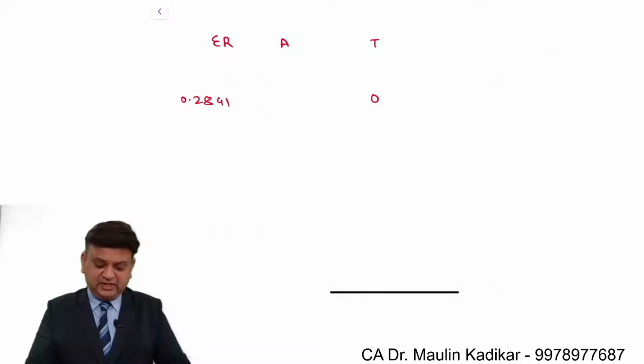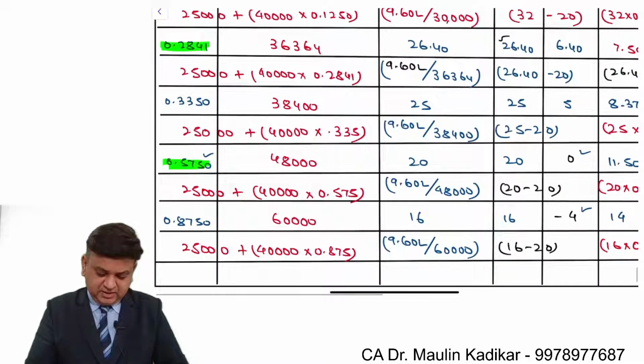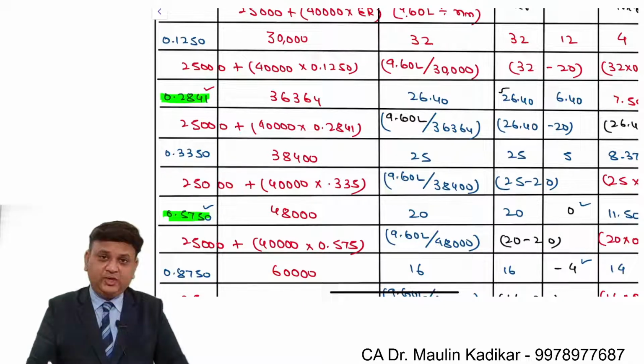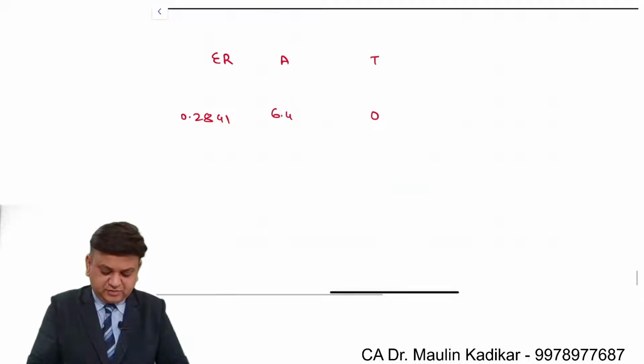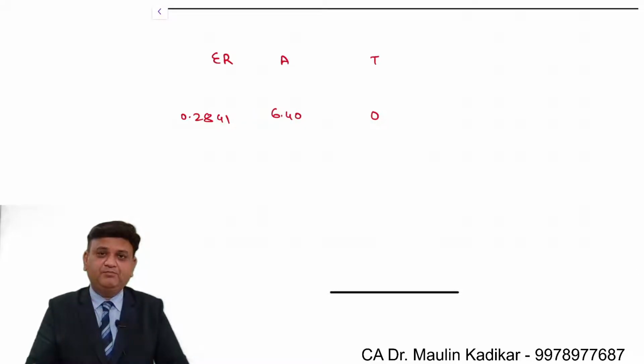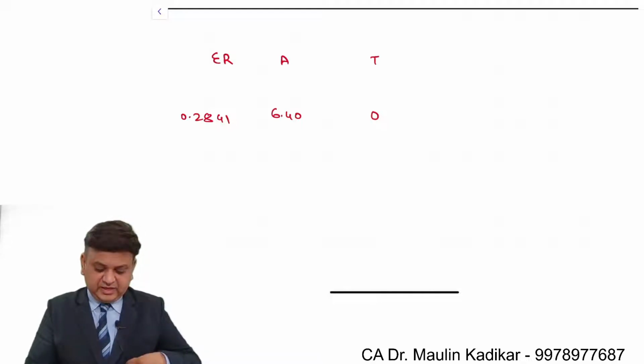We understand further like this. Listen to me carefully. When the exchange ratio is 0.2841, the acquiring company has a profit of 6 rupees 40 paise. Why does the acquiring company have a profit of 6 rupees 40 paise? Because there is an increase in the earning due to merger. What is the number of shares of A Limited?